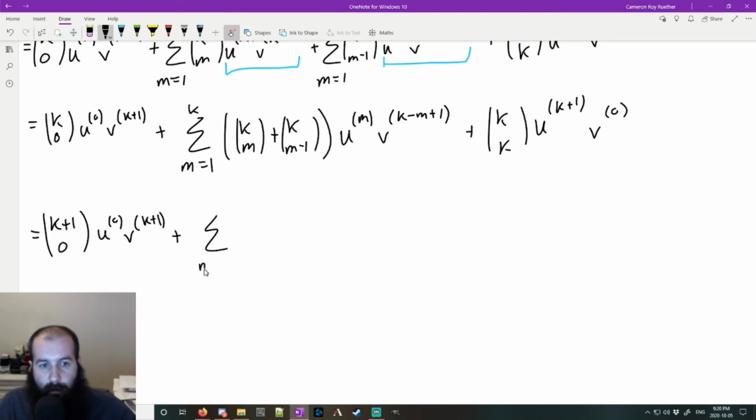Plus, our sum is from m goes from 1 to k. This coefficient is k plus 1 choose m. And over here, by the same thing we did over here, k choose k is 1, and so is k plus 1 choose k plus 1.